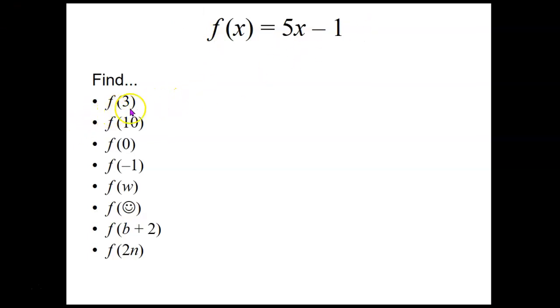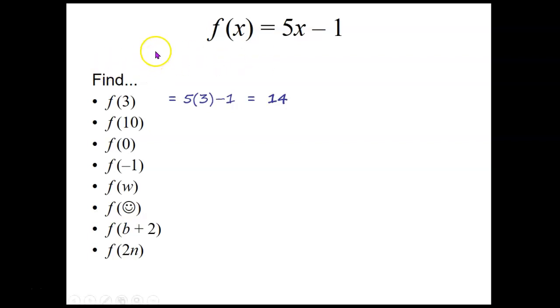So to find f of 3, that means find what the output is when the input is 3. What does this function do when we give it 3? It gives us 5 times 3 minus 1. So 5 times 3 is 15, minus 1 is 14.